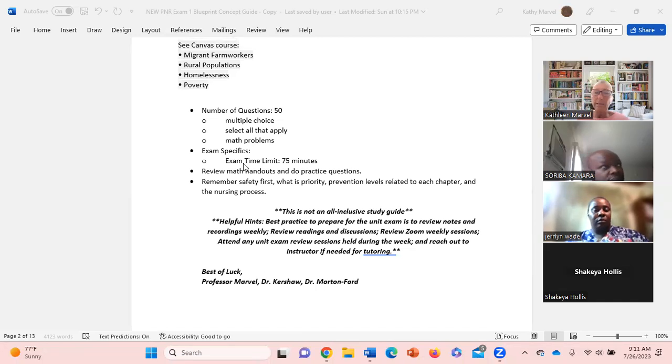What that means, let's say you're teaching a family that may be at risk for obesity. You're teaching them the long-term effects of obesity. If the question says, what might a parent say that would indicate they need more instruction?